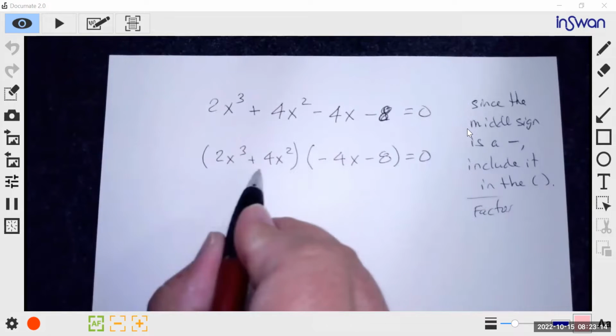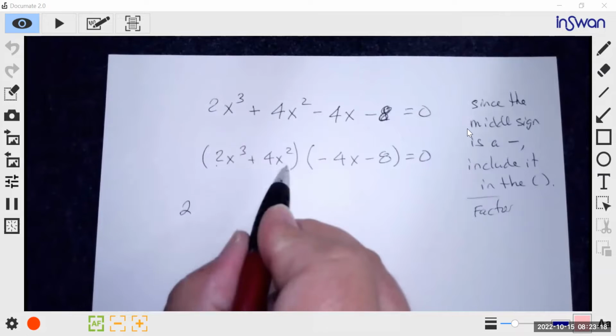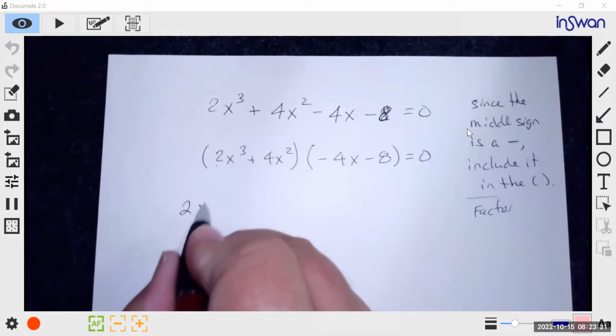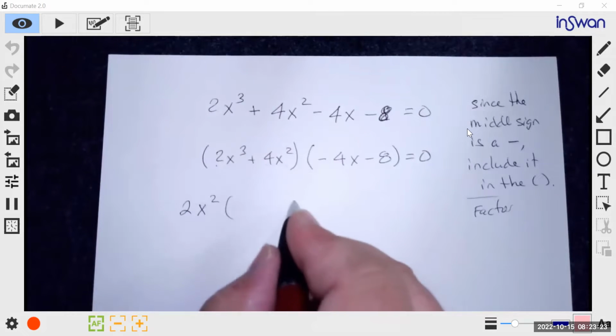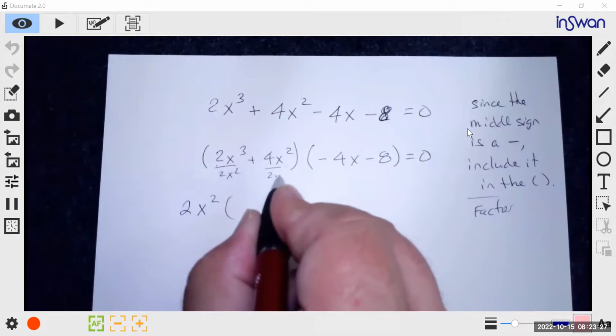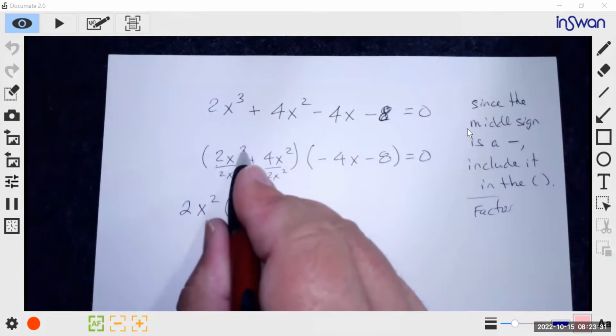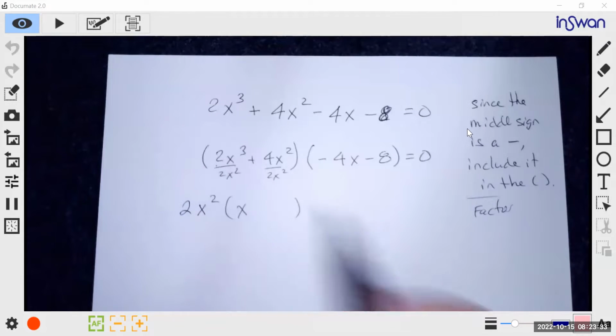What do these two have in common? They both have a 2, and they both have x squared. 2x squared, 2x squared. So the 2's cancel. 3 x's take away 2, only have 1 left.